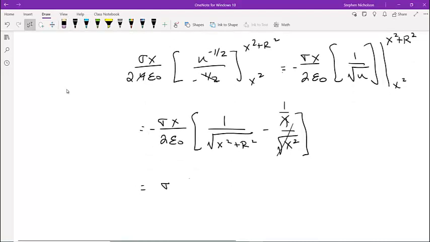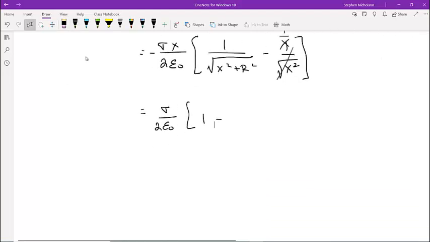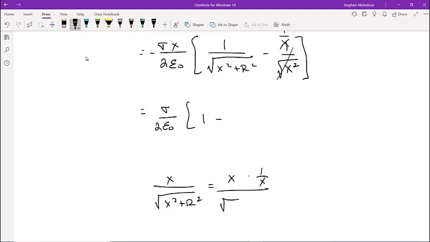So you've got sigma over 2 epsilon 0. X divided by x is 1. But you've got a negative times a negative, so that becomes positive. This becomes negative. Let me just show you what they're doing. Again, they leave steps out. They have x over the square root of x squared plus R squared. Now if you multiply that by 1 over x in both the numerator and the denominator, the numerator becomes 1.